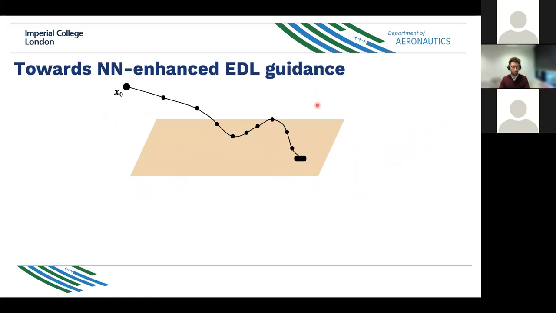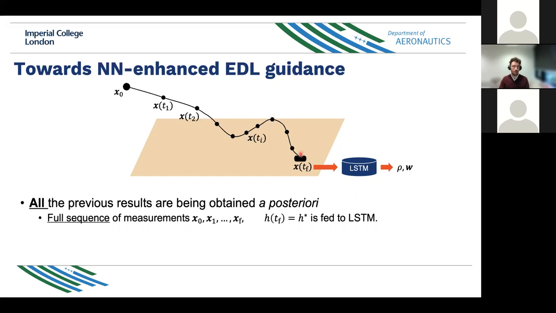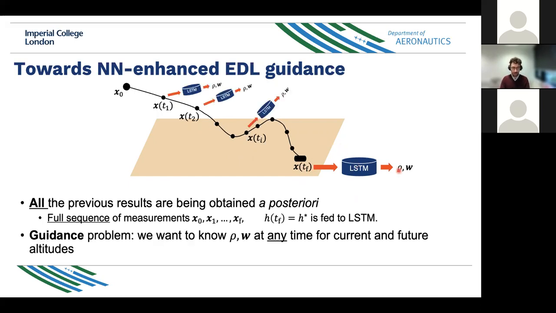So this is all good for the reconstruction of the atmosphere offline, after the trajectory has concluded. Just to recap, if this is an entry trajectory, we have measurements at various times. We obtain our full sequence of measurements at the final time, pass this to the LSTM, and obtain density and winds.